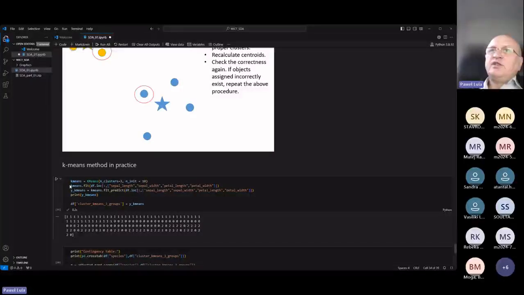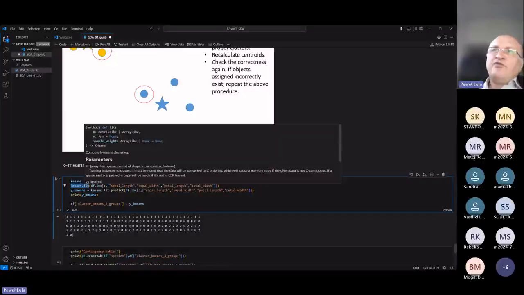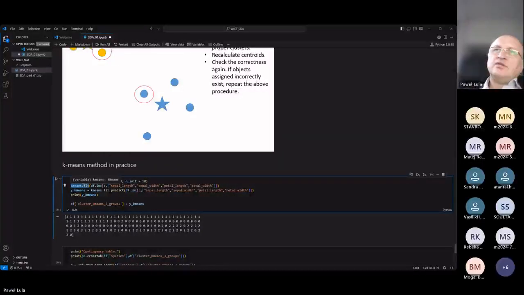For performing these calculations, I use the fit method of this object. And the result, the information about the assignment of objects into classes, is here.